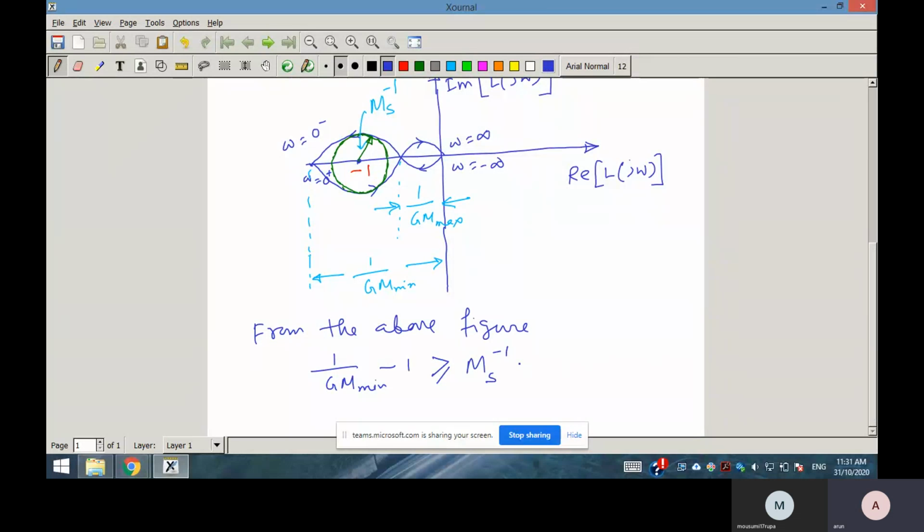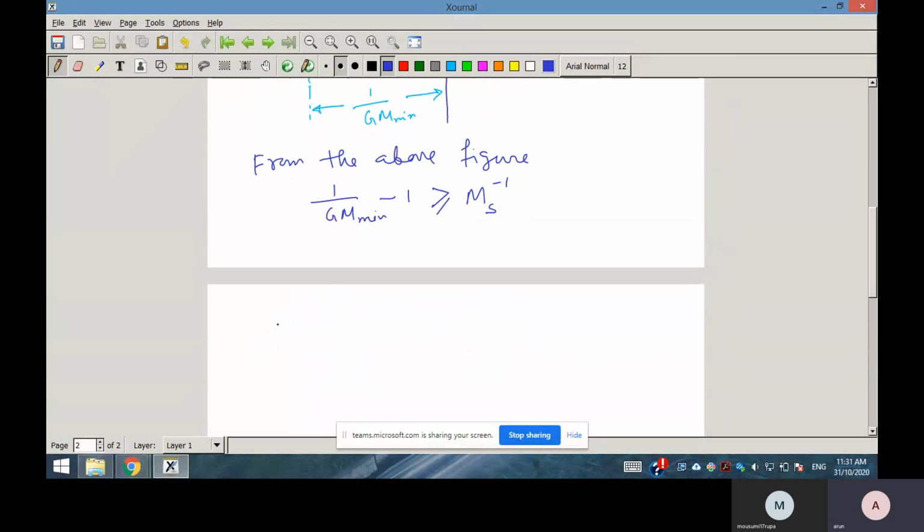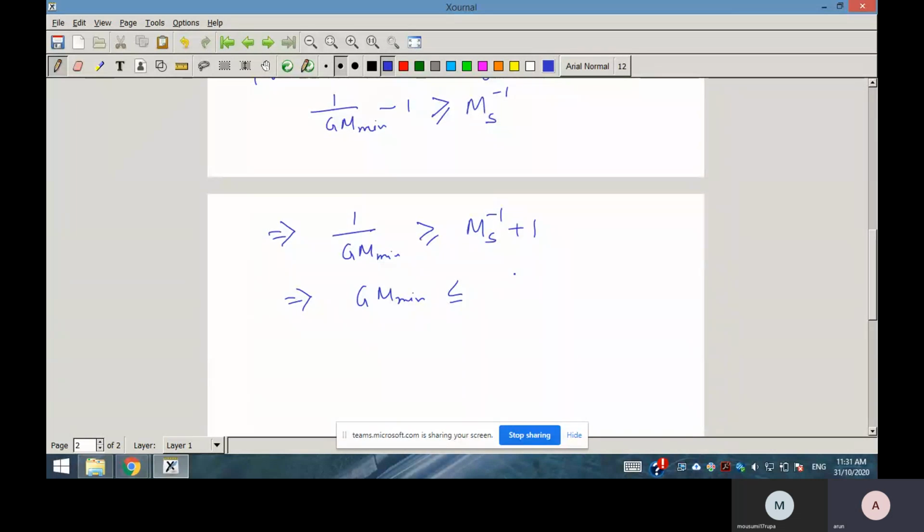So from this one, 1 by GM min is greater than or equal to MS inverse plus 1. This means GM min, that means lowest side gain margin, is less than or equal to MS by MS plus 1.